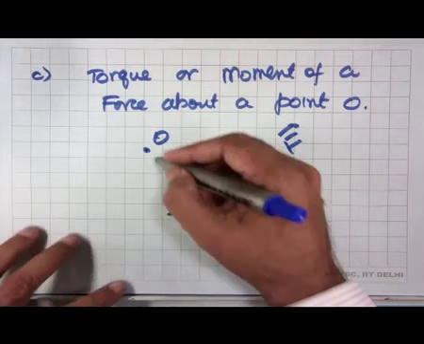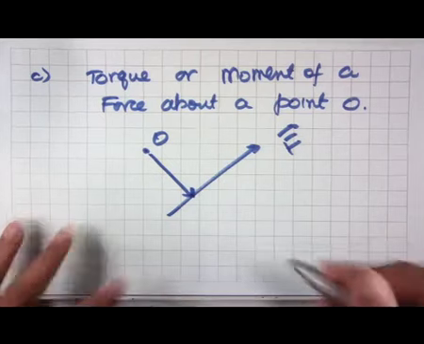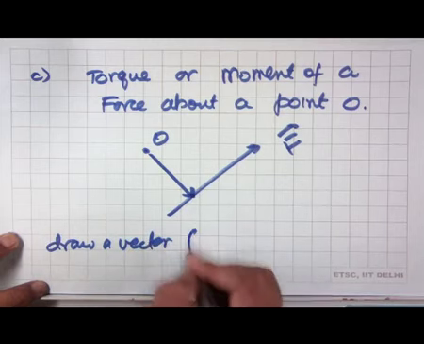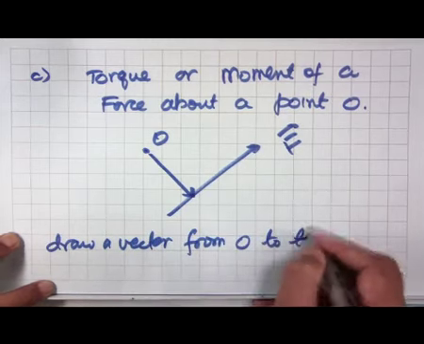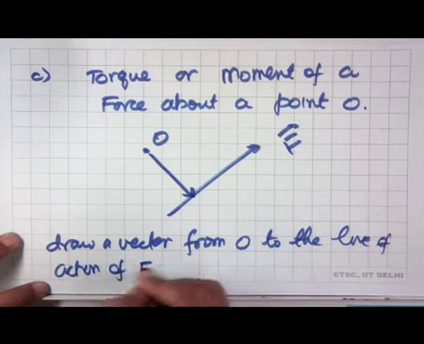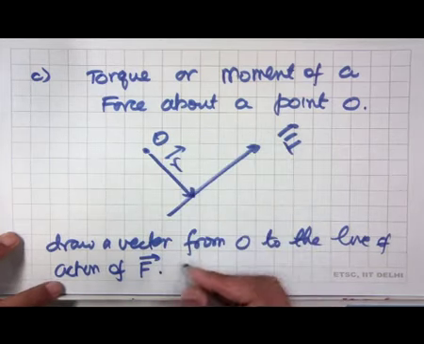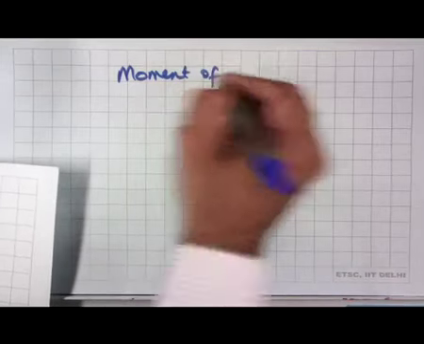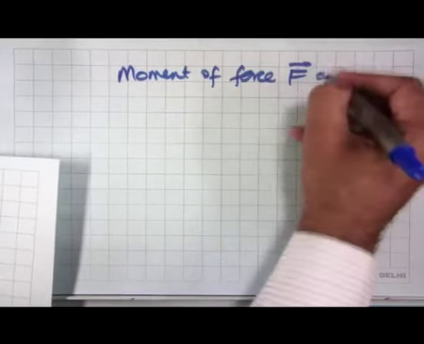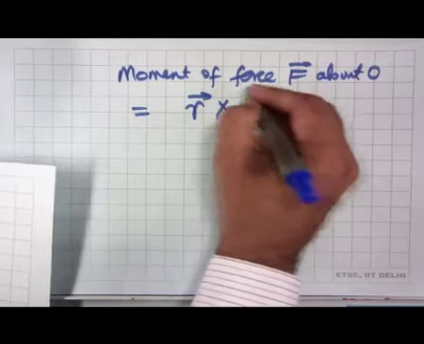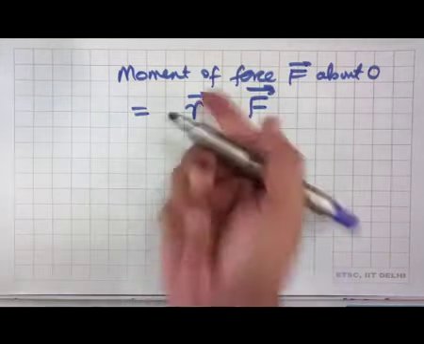Then we draw a vector from O to the line of action of the force F, and let me call this vector R. Then we define the moment of the force F about O as the cross product of R and F. Sometimes we also call it the torque.